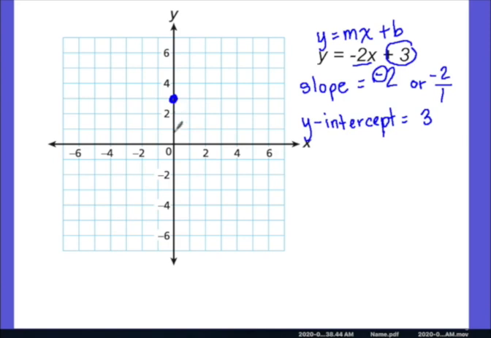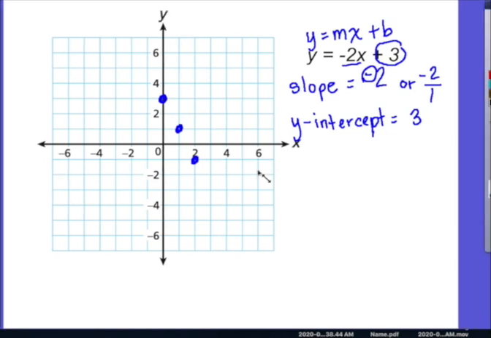So down 2 and over 1, and down 2 and over 1. Now I'm going to connect those points with a line. And here we have graphed another linear equation.